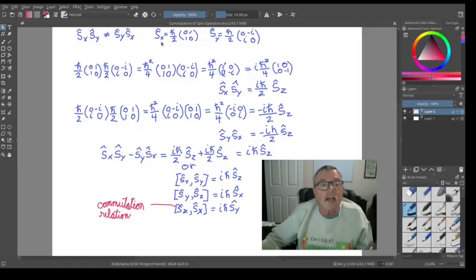So let's look at the spin x operator, which is this thing. You may not remember that, but you can go back to video 10 if you wish to dive into that. And here's the spin y operator.